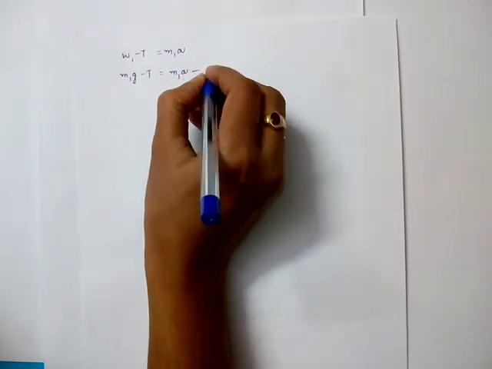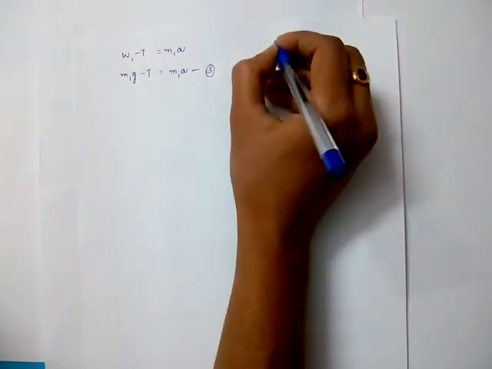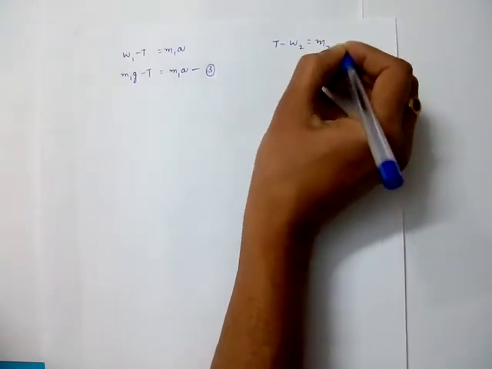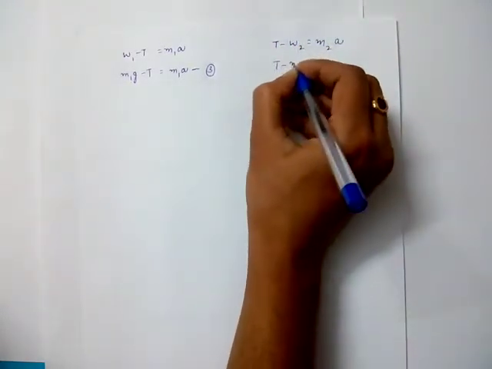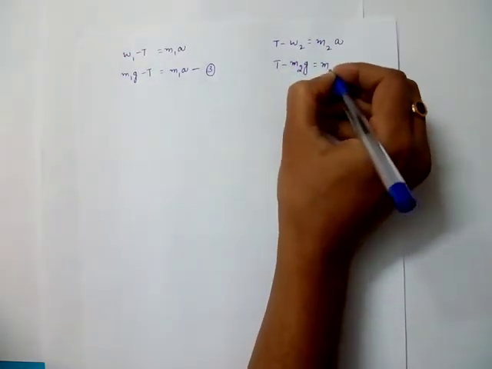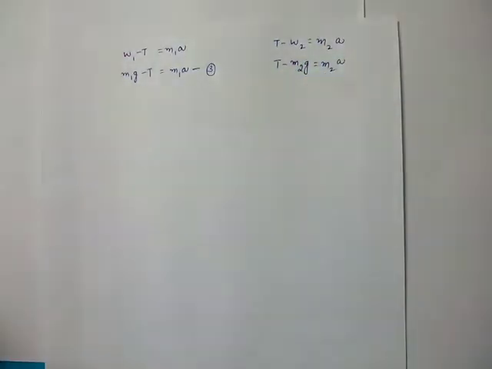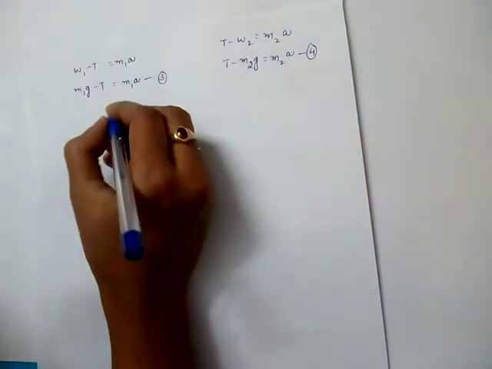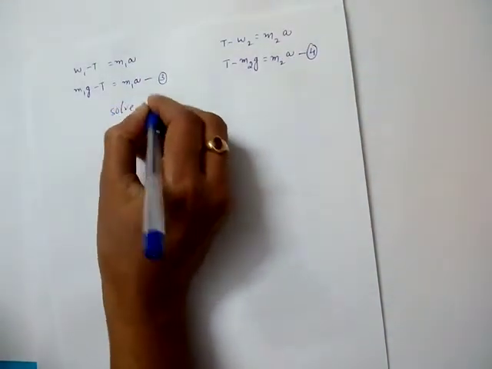Let us take this as equation 3. And for the second one, T minus W2 is equal to M2A. You know the W2 value also, which is M2G, so T minus M2G is equal to M2A. Okay. So you can simplify or solve 3 and 4.